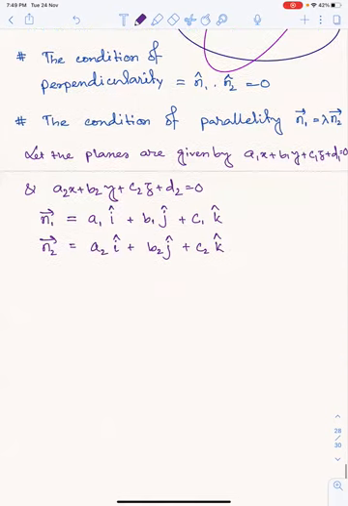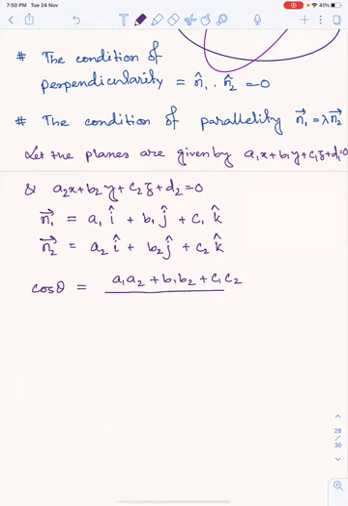So that means if the angle between the planes is theta, then cos theta is nothing but a1 a2 plus b1 b2 plus c1 c2 divided by root over a1 square plus b1 square plus c1 square, and another factor of the denominator is root over a2 square plus b2 square plus c2 square.